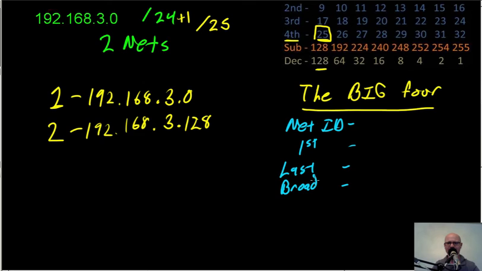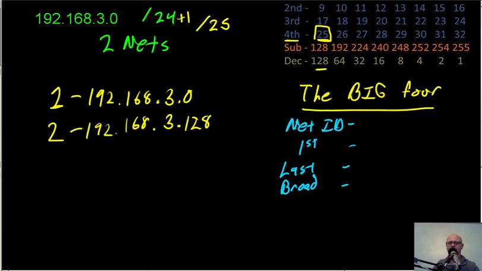The net ID is what routers use to get a message from one network to another, used in routing tables. That addresses the whole network as a whole, so that can't be assigned. So the first usable and last usable is the range of addresses that can actually be assigned.